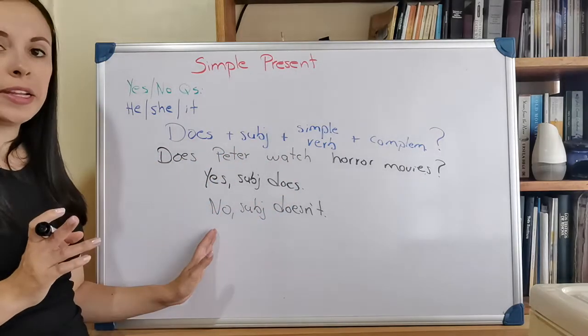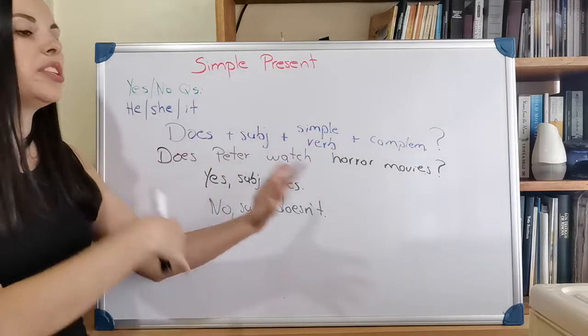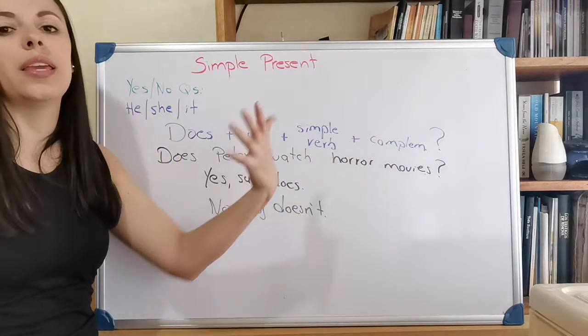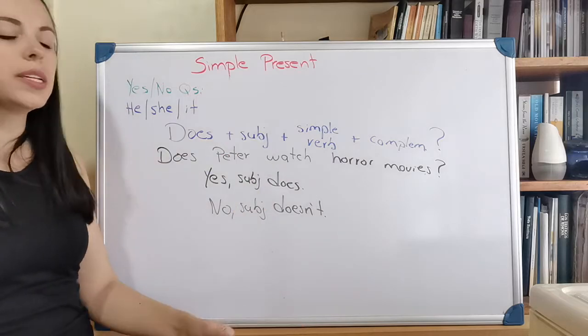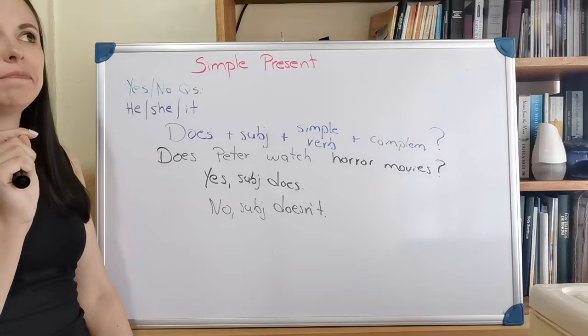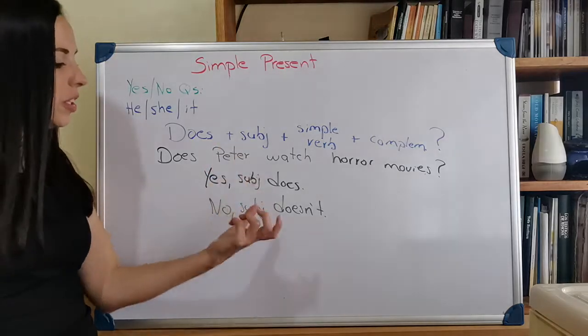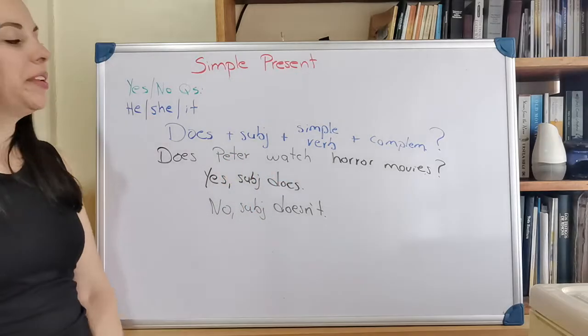If the answer is negative, we say no, he doesn't. And then if we need to add more information, well, we can say a complete sentence, right? But in short words, these are the answers, right?